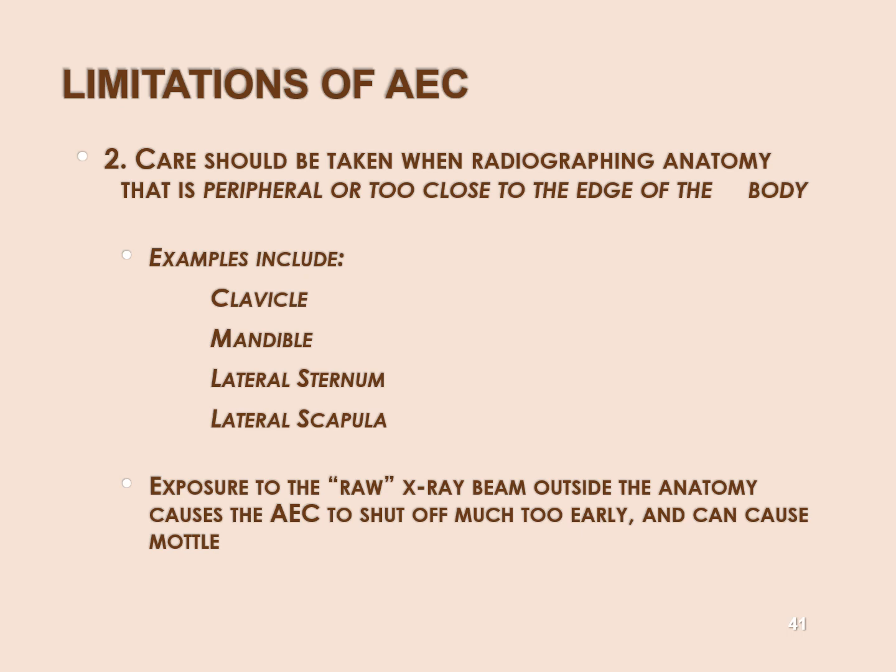Humerus is where the part first gets thick enough that you can probably cover the whole cell, the whole chamber. Okay? If primary radiation strikes your AEC, remember the thing is calibrated to measure remnant radiation, which is much, much less intense than primary radiation. So raw primary beam will always shut off your AEC prematurely and you'll be underexposed.